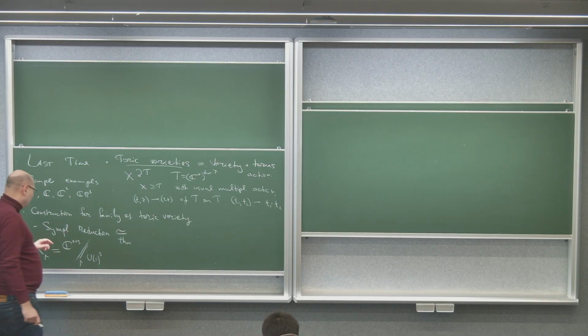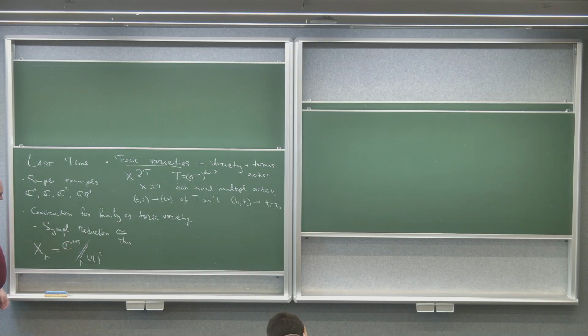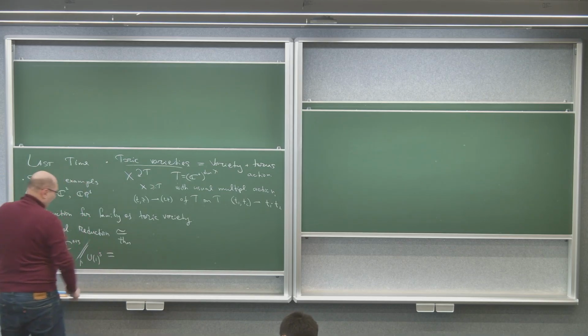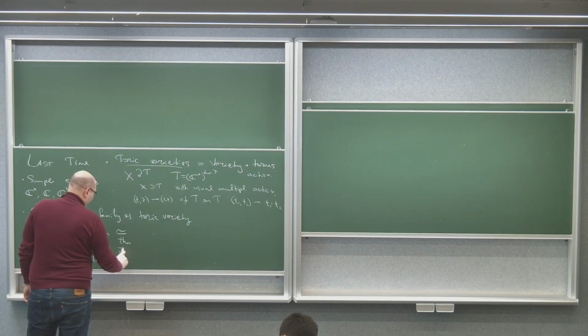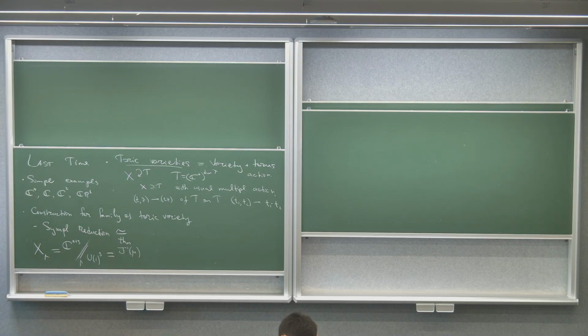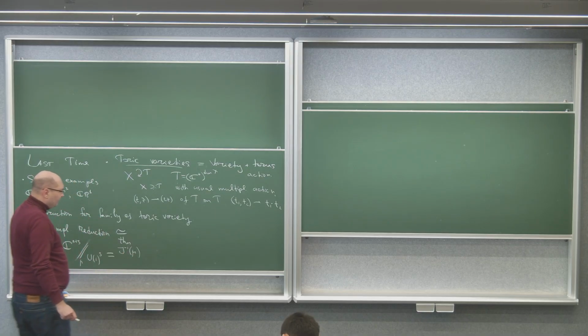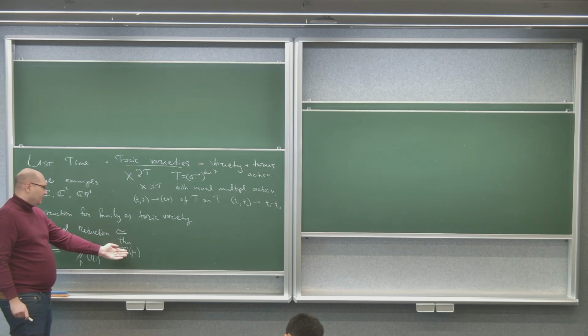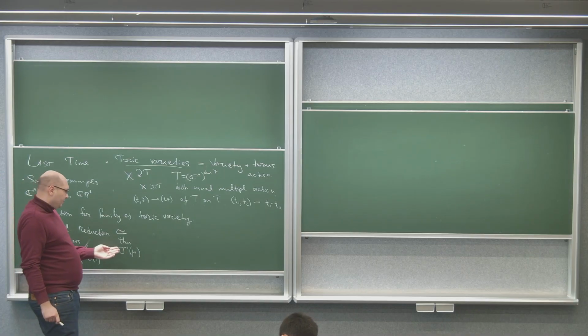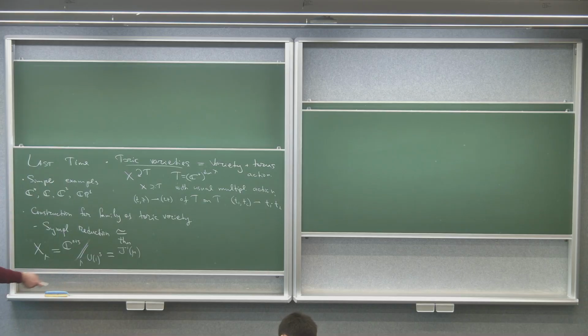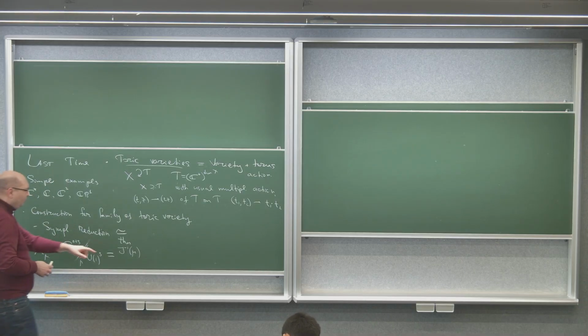This procedure of symplectic reduction is done in two steps. On the first step, we look at the locus where the moment map equals mu, which we can denote as a submanifold inside C to the n plus s, which is G minus 1 of mu. That is the pre-image under the moment map of the moment map value mu.